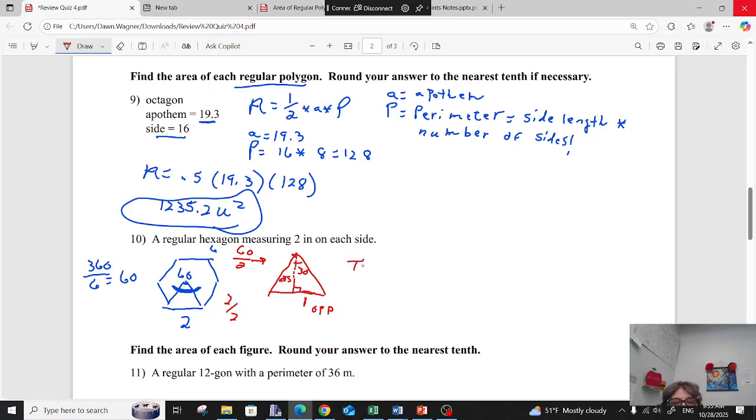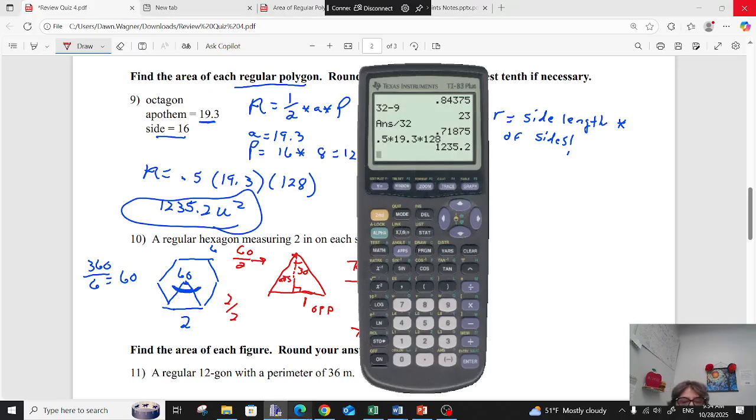So tangent of 30 has to equal 1 over the apothem because I'm looking for the apothem. I'm going to cross multiply, right? And I get 1 equals a times tangent 30. So if I divide by tangent 30, that will give me my apothem.